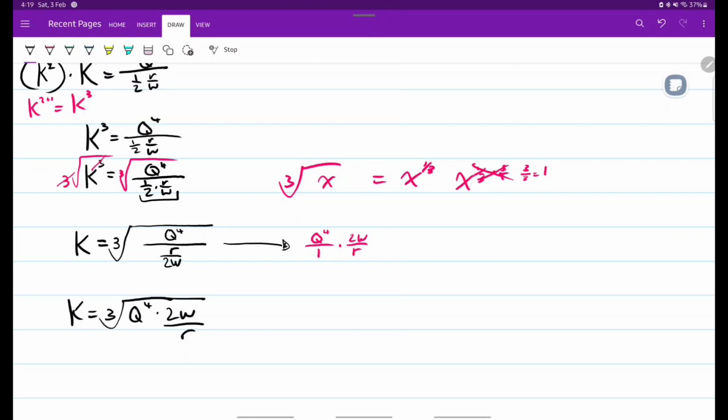And lastly, I'm going to turn this root 3 into an exponent. So you will end up having k equals q to the 4th to the 1/3.